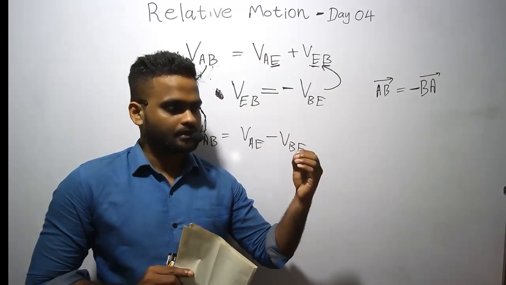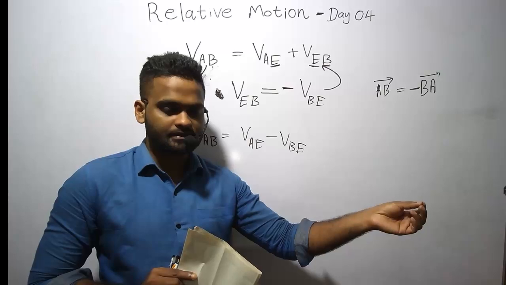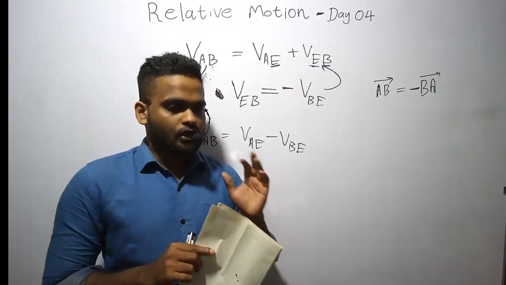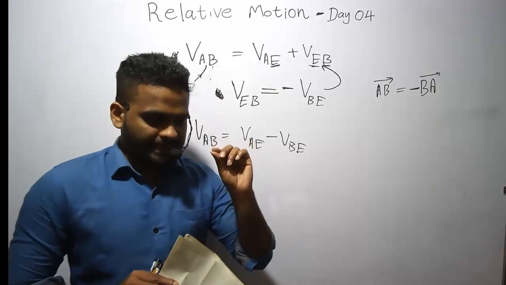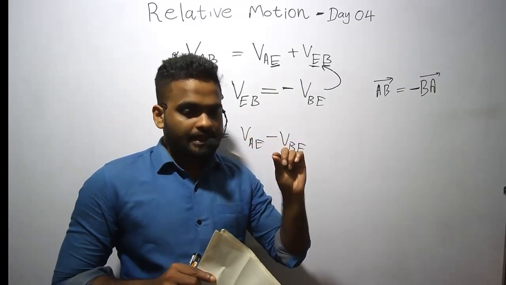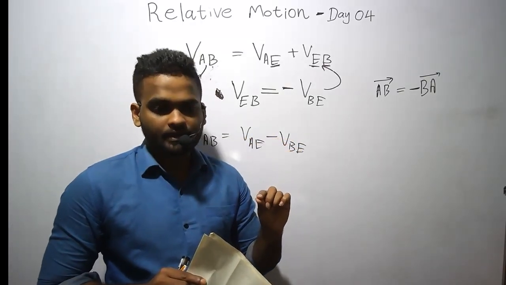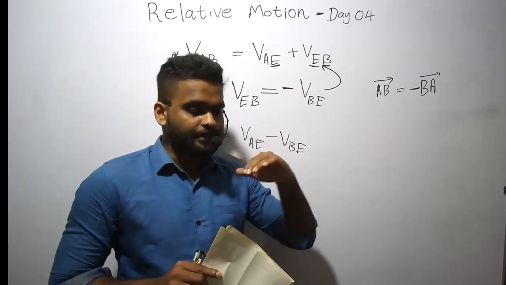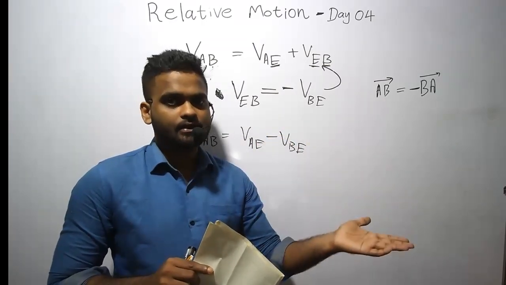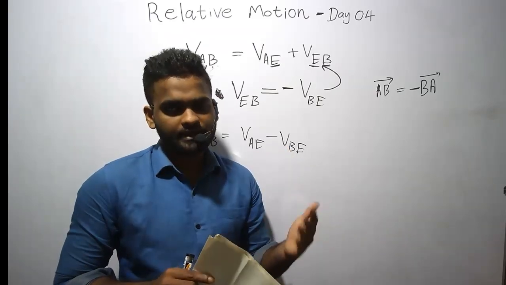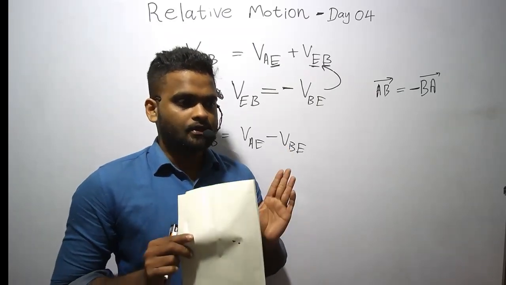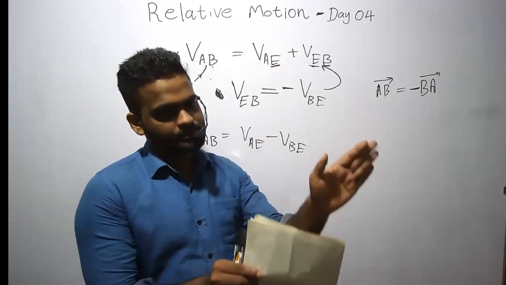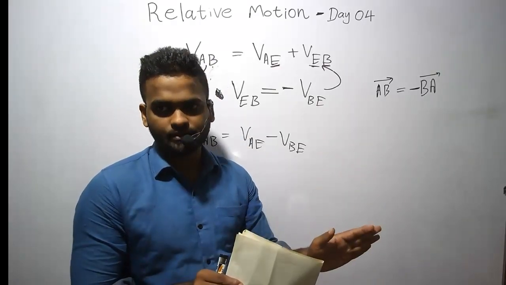What do you get? 10 minus 5, 5 meters per second. That is the magnitude of relative velocity. After you get that, then you can think about the direction. So when the objects are moving to the same side, you just have to subtract velocity values.